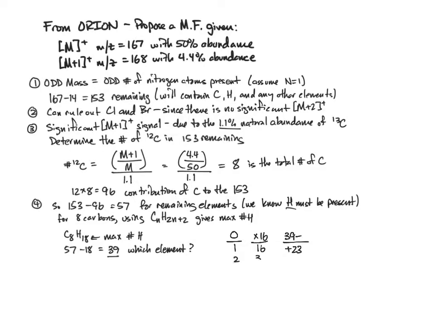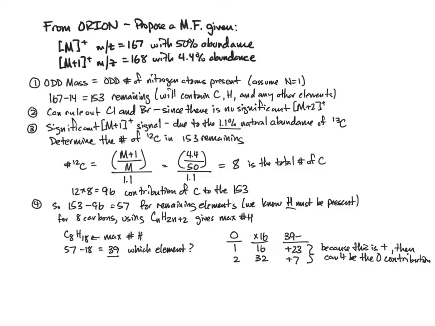What about 2? 2 times 16 is 32. Then we take 39 minus 32. That gets us plus 7. Again, because this number is positive, that can't be the oxygen contribution, because we have to account for that mass.